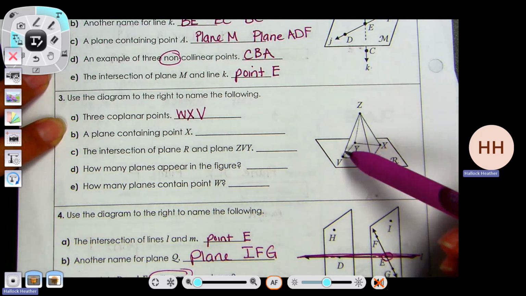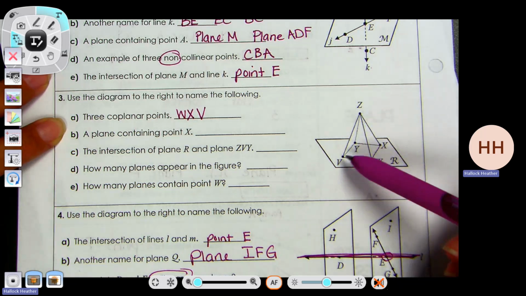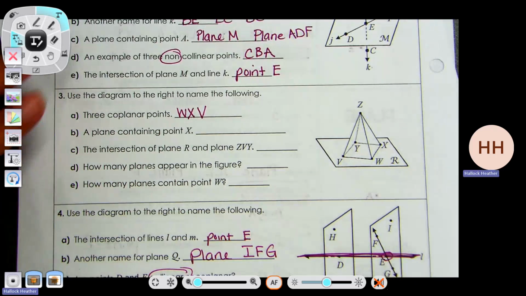You could say Z, V, W, or Z, W, X, or Z, Y, X, or Z, Y, V. What'd you say? WXY? That's fine. WXY is correct. Any of the sides of the shape represent a plane.